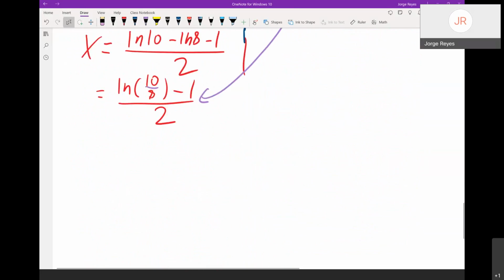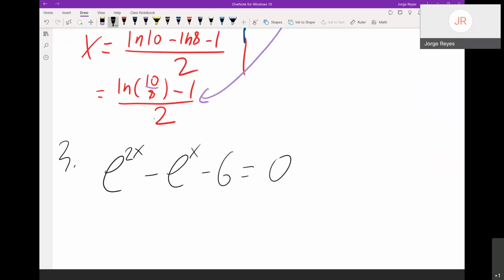All right, now, actually, something your book would like to assume you just automatically know how to do, okay, is they would like you to be able to solve this kind of equation. Okay, now this is a problem.